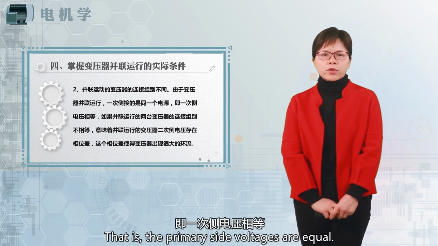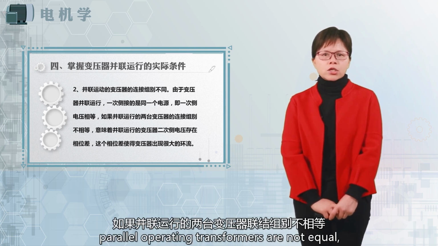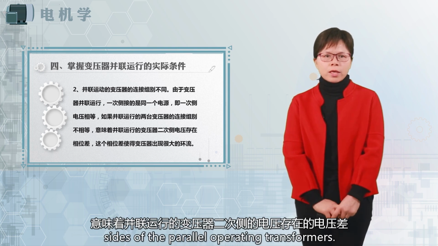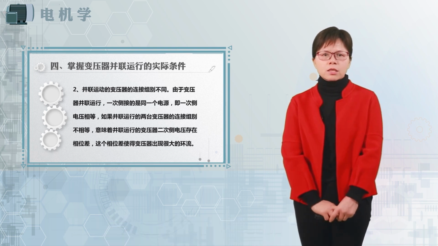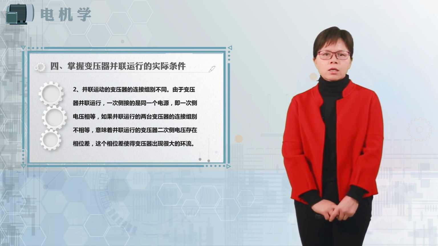That is, the primary side voltages are equal. If the connection groups of the two parallel operating transformers are not equal, it means that there is a voltage difference on the secondary sides of the parallel operating transformers. This voltage difference causes a large circulating current.